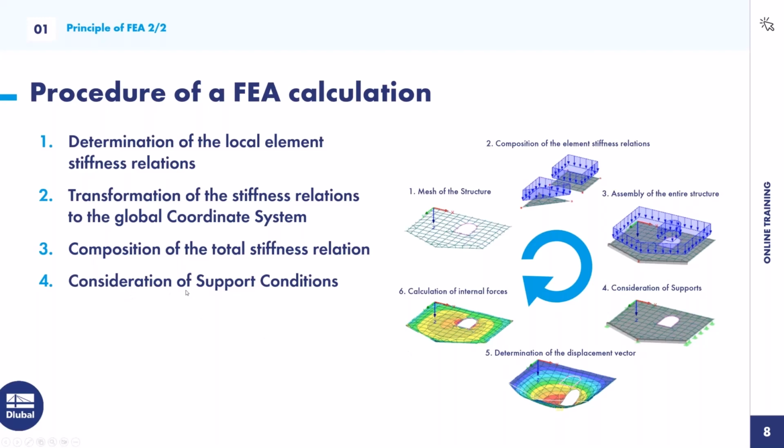And by considering the support conditions, we can also block or strike out some of the equations, since in the displacement vector, we just set some displacements, for example, to 0. For this line support, the degree of freedom in the vertical direction is completely blocked.